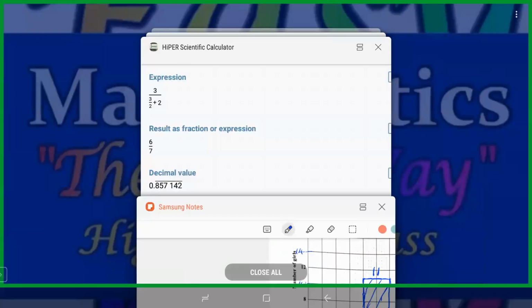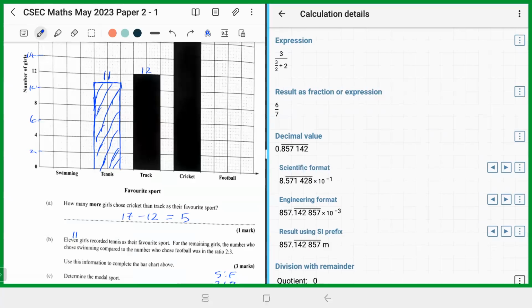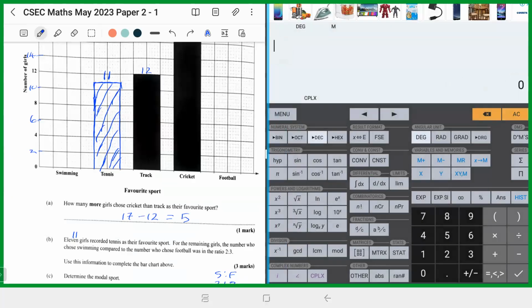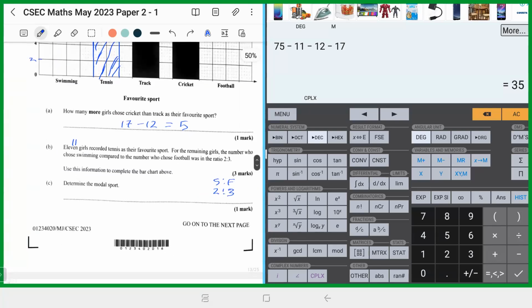So remaining girls would be 75 minus the 11, minus the 12 and minus the 17. So I have 35 girls remaining.